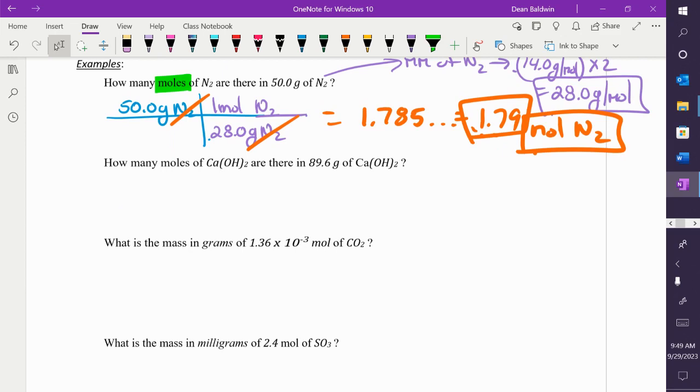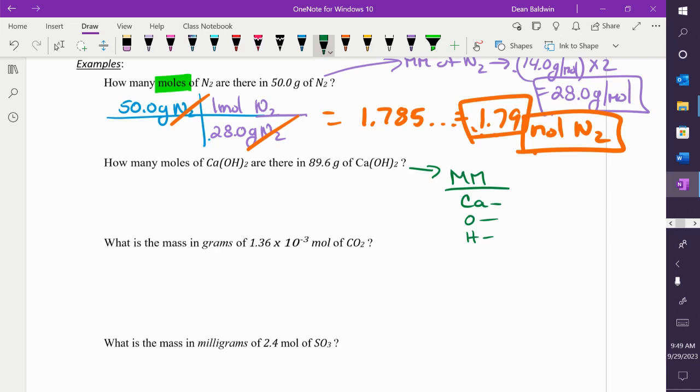So we got to do the molar mass. Calcium, oxygen, and hydrogen. I'll wait for you to calculate the molar mass of calcium hydroxide.